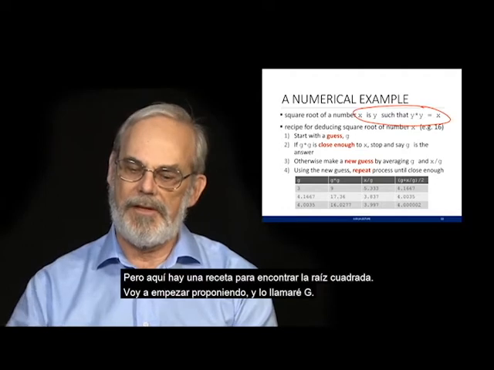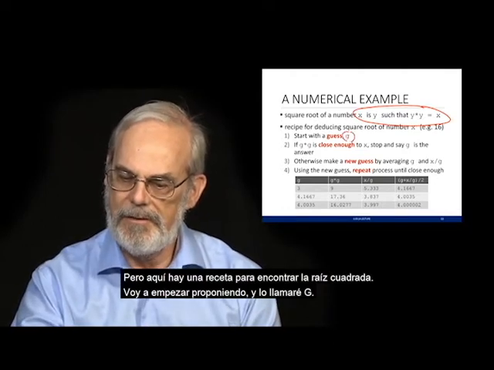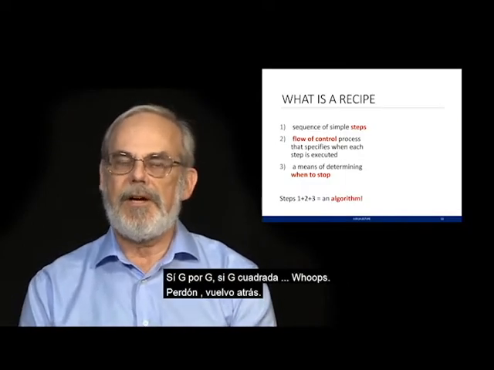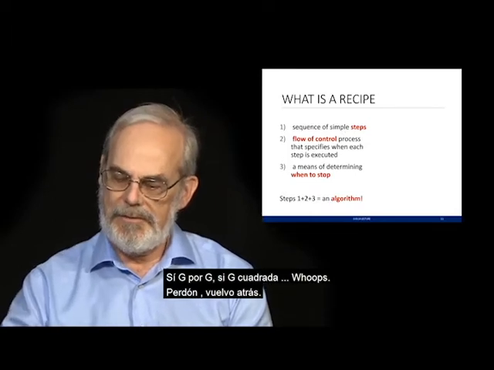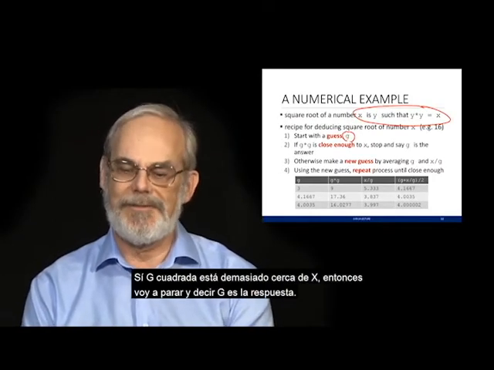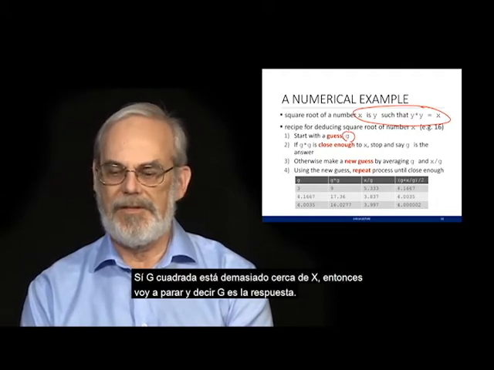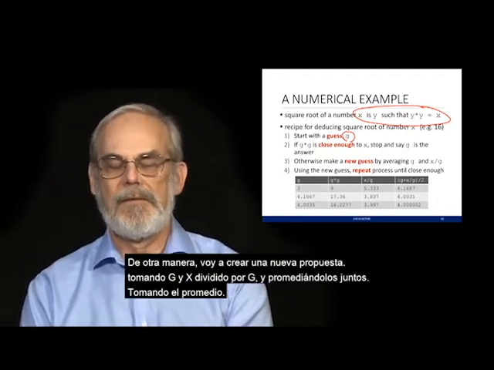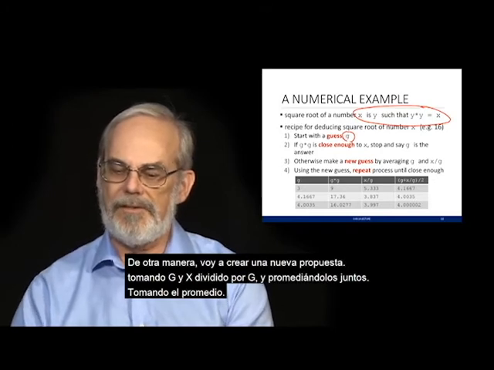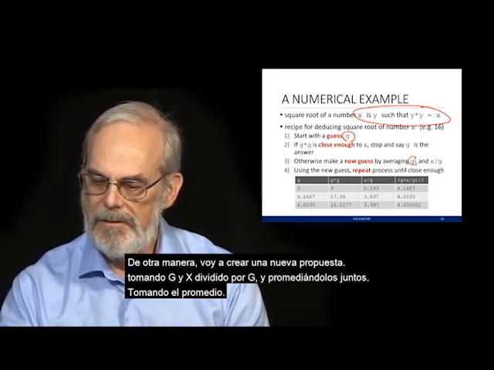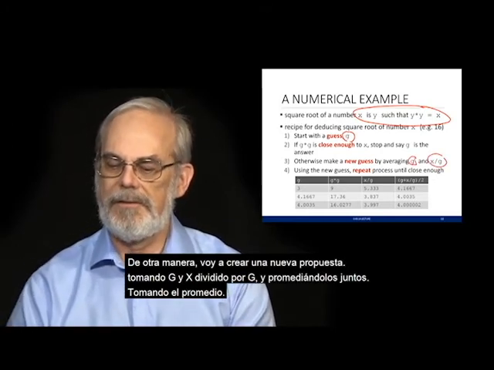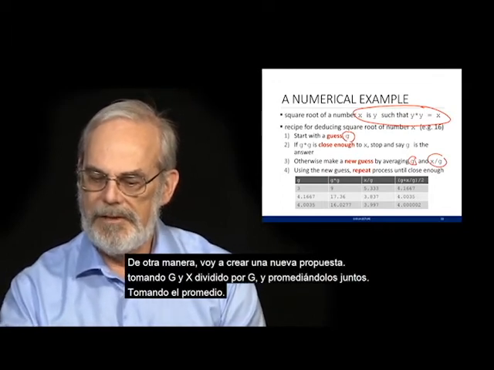I'm going to start with a guess, and I'm going to call it g. If g squared is close enough to x, then I'm going to stop and say g is the answer. Otherwise, I'm going to create a new guess by taking g and x divided by g and averaging them together.